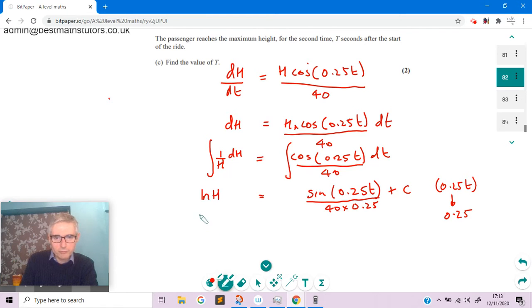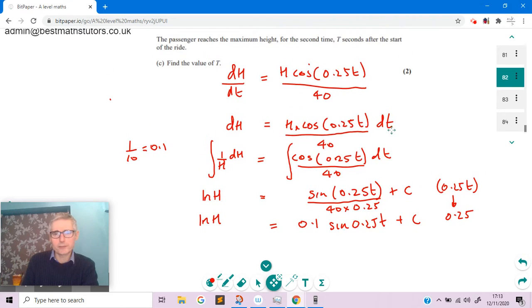So I've got the log h, and I'm going to tidy this up a little bit. The 40 times the 0.25 is 10, and if I'm dividing by 10, then 1 over 10 is 0.1. So I'm going to call that 0.1 sine 0.25t plus c. We're getting to where we need to be.